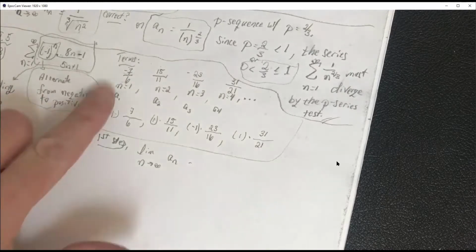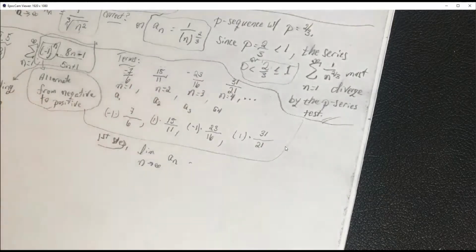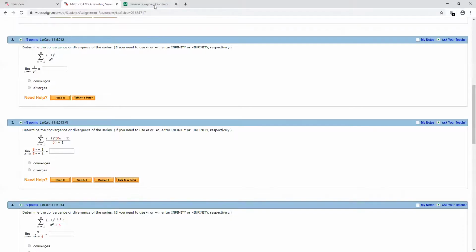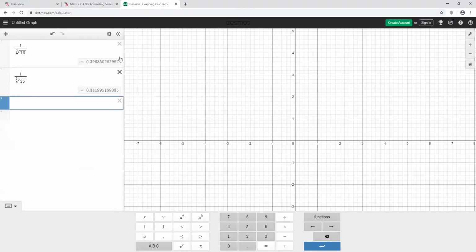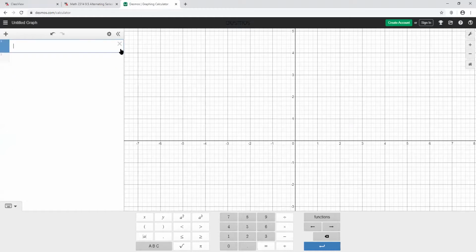So I'm going to put these into our calculator, so that way we can get a better sense. Also, we could graph this. Okay, so the first term is -7 divided by 6.